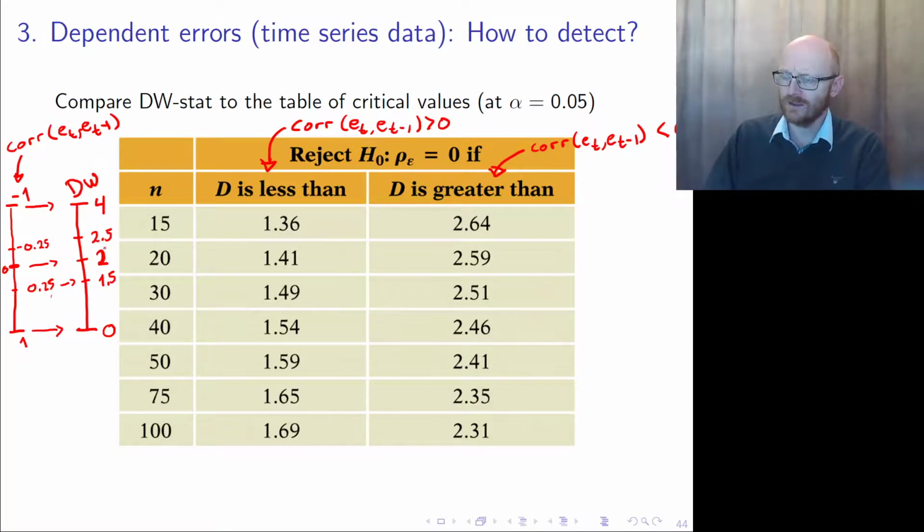And these numbers are quite close to these critical values. So if you don't have this table, but you have the Durbin-Watson statistic, then if you get a value below 1.5, then you should be skeptical. Okay.